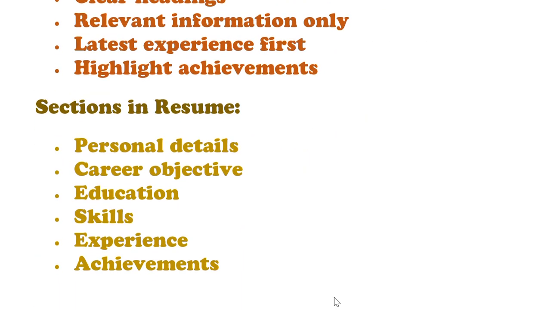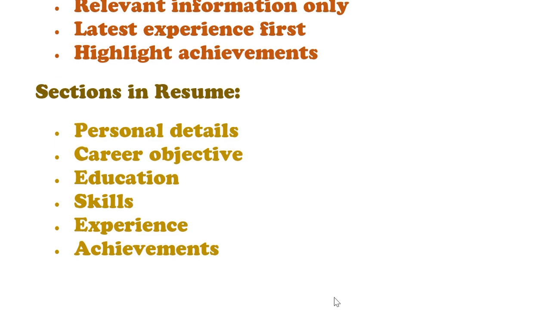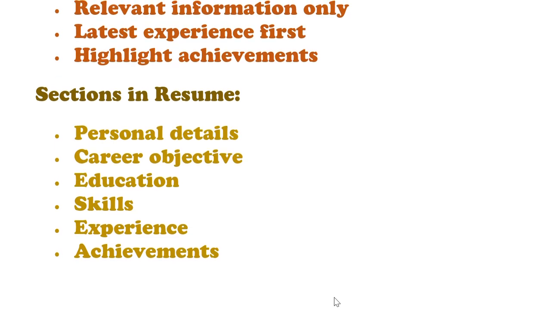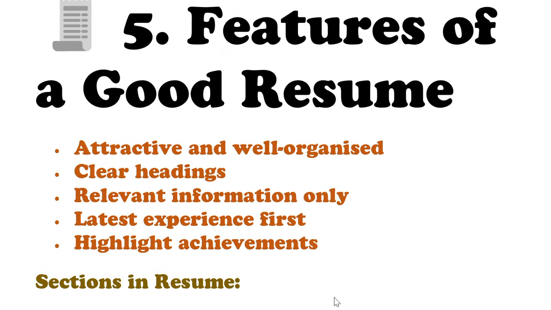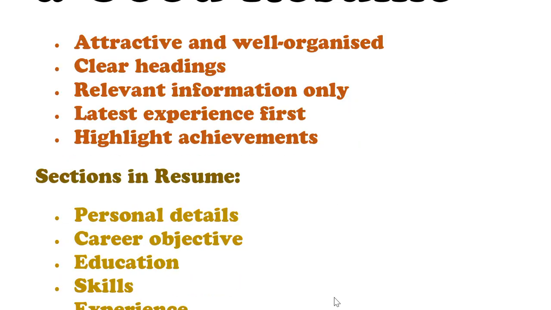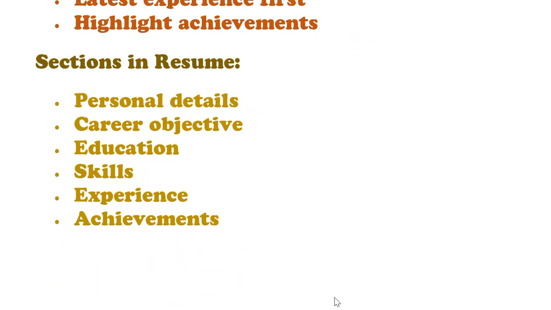Now we have to go through 6 important sections in a resume. Which are the 6 important sections in the resume? You have to show your personal details first, then career objective next, then your educational details thirdly, and fourthly you have to show your skills, and fifthly you have to show your experiences.